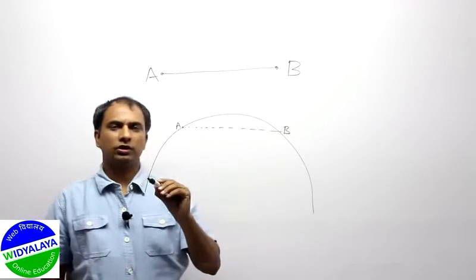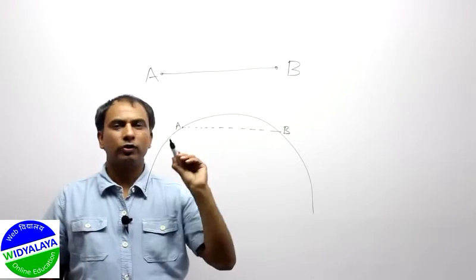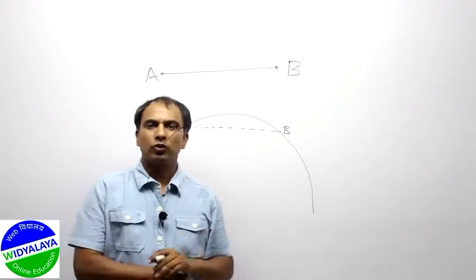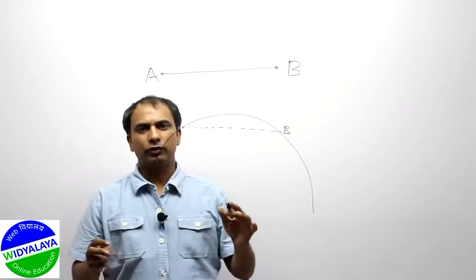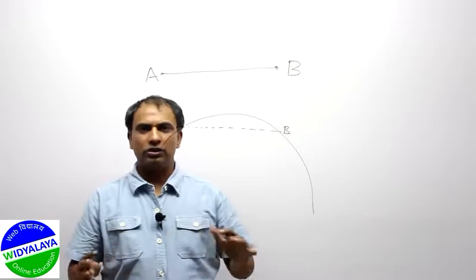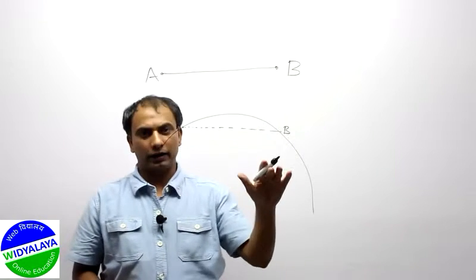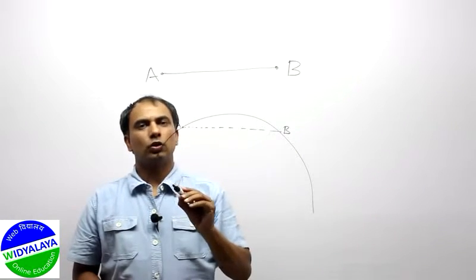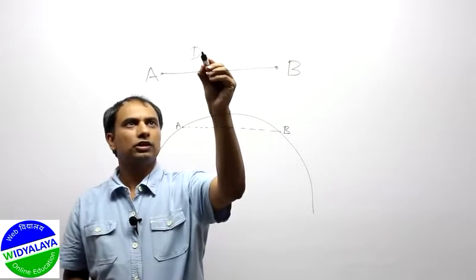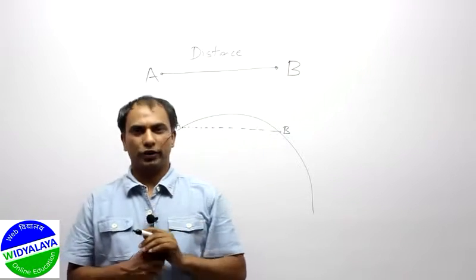So the actual distance between the two points, by joining a straight line, could be different, but in most of our understanding, because we are dealing with normal life and earth is very large, this earth surface is assumed to be flat. So the straight line joining two points is called the distance. The length of this line is called the distance between the two points.